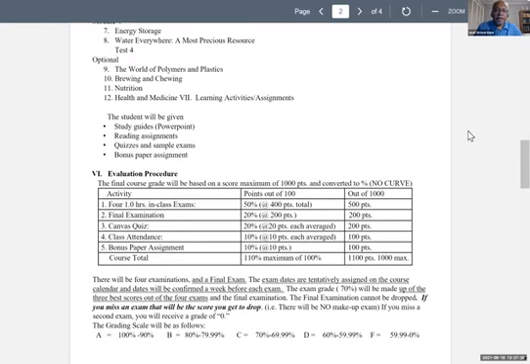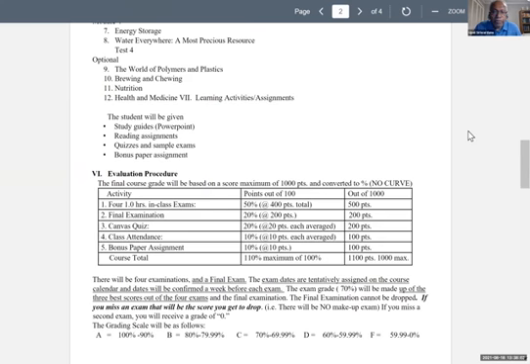The grading scale is shown here. You can read it. You have four one-hour tests, which together give you 50% of your grade. The final exam counts 20% of your final grade.